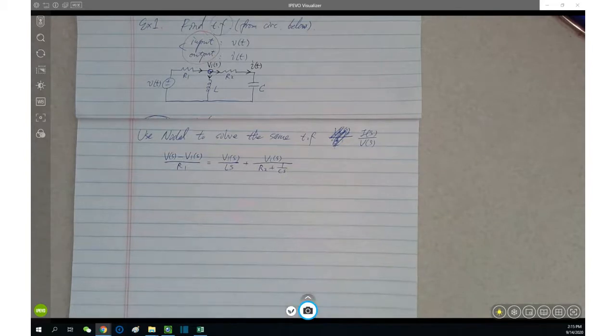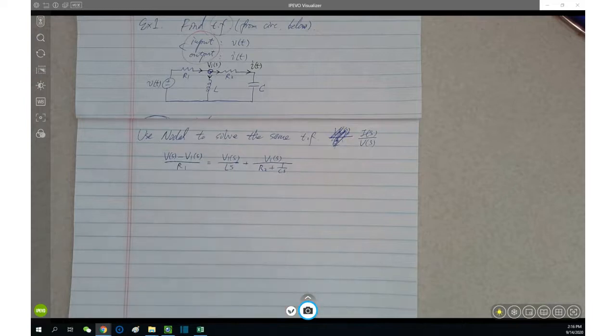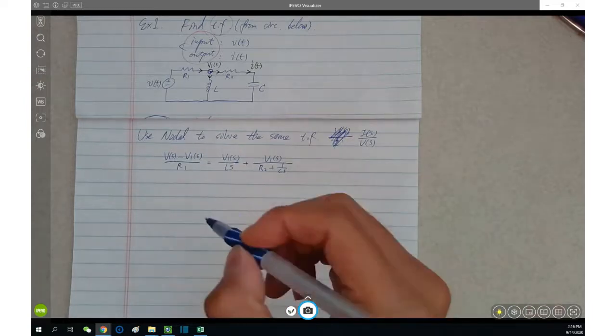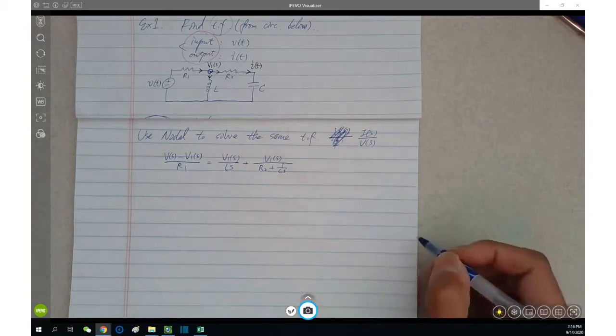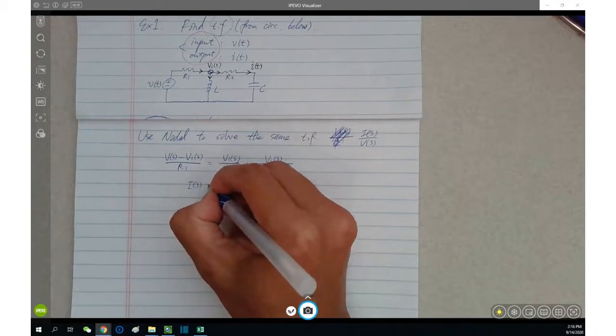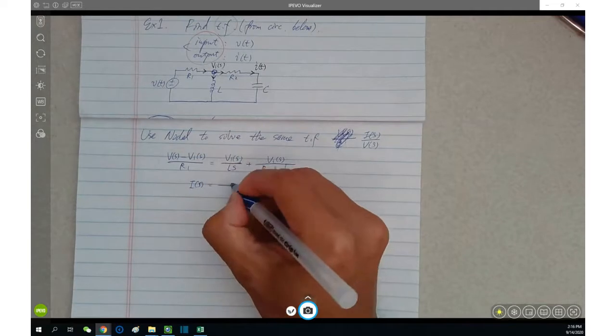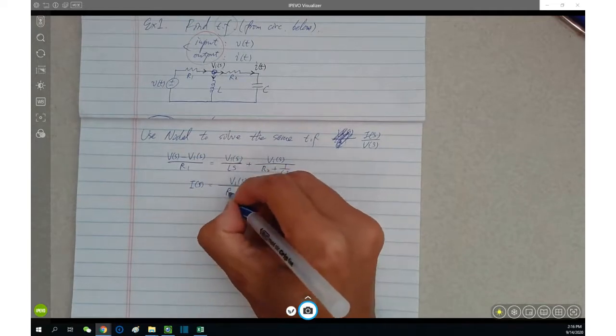We need another equation to involve I, because we need to find I over V. However, this equation doesn't even have I, so it doesn't work sufficiently. What could the equation be? It's very easy, actually. Just Ohm's law along this branch: I of s equals V1 of s over (R2 plus 1 over Cs). That's it.